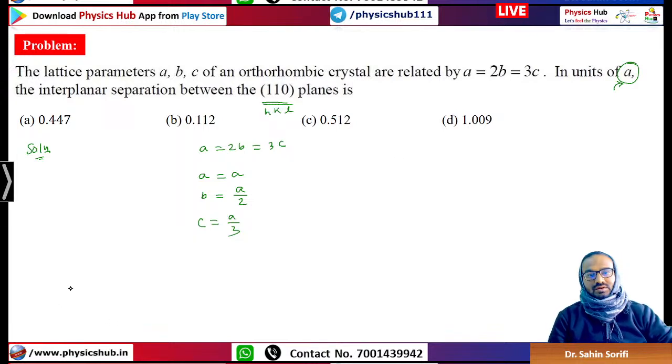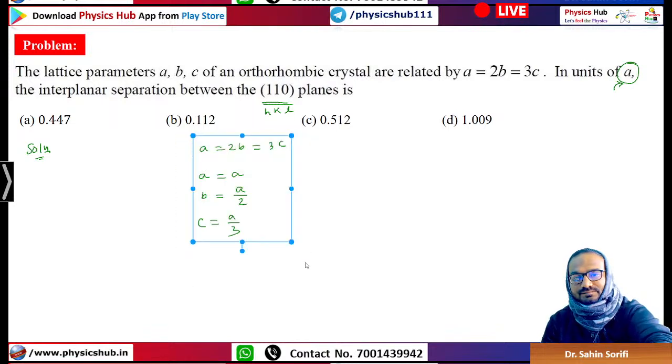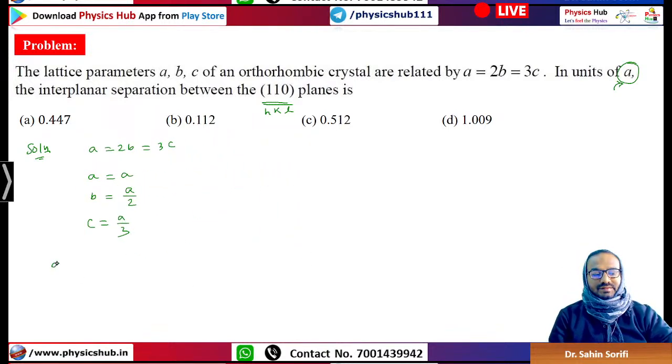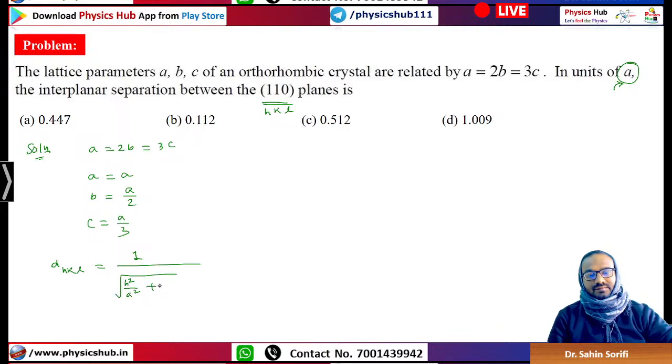So what is the value of the interplanar separation d hkl? This is orthorhombic, none of the sides are equal. So h square by a square, k square by b square, l square by c square.